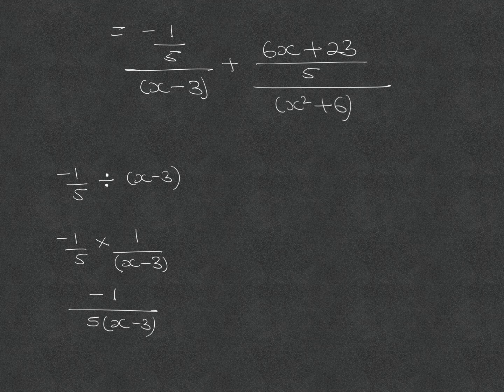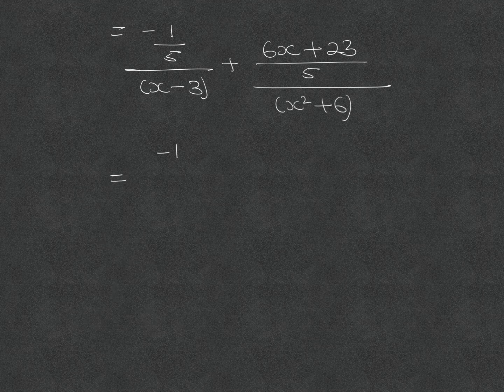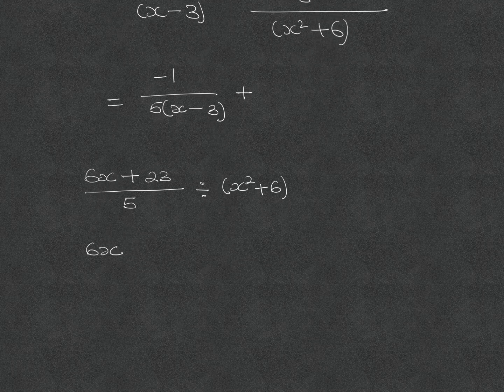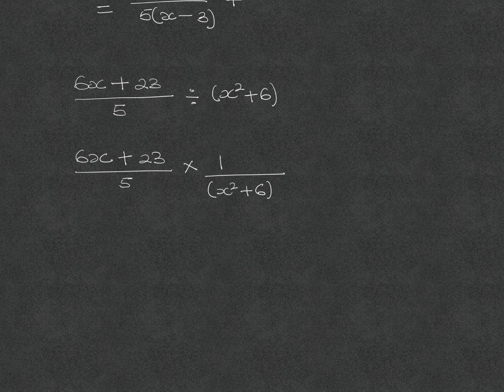Plus, if we have 6x plus 23 all over 5 divided by x squared plus 6, that is the same as 6x plus 23 all over 5 times 1 all over x squared plus 6. So we're going to have 6x plus 23 all over 5 into x squared plus 6.